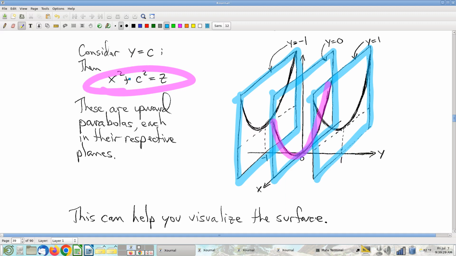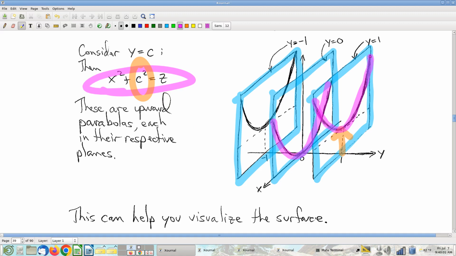Let me do this in a different color now that I think about it. I'm going to be shifting upward by 1, which means now I still have a parabola. It still equals x squared, z equals x squared plus something. That plus something is now 1 instead of 0, but it's still a parabola, and so it looks a lot like the previous parabola. It's just that when I move over to the right, because of picking a different cross-section, I also move up because of what the value of y does in that cross-section.